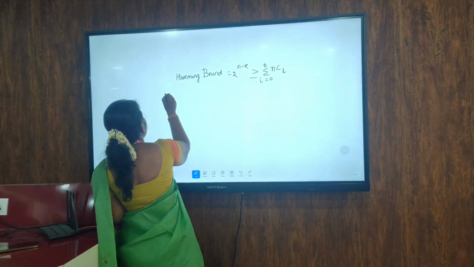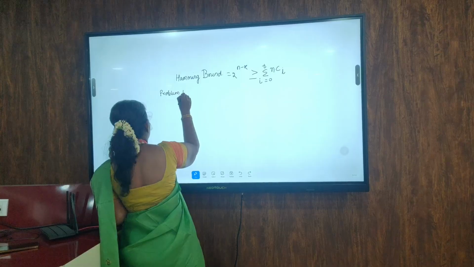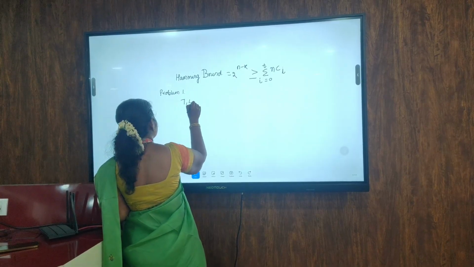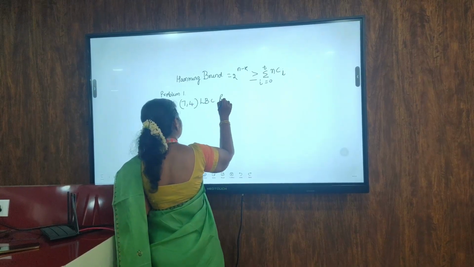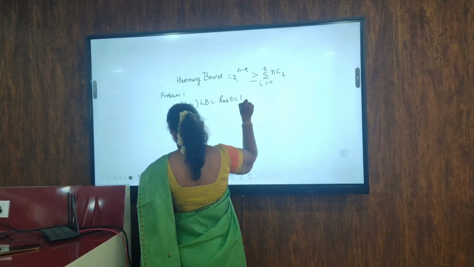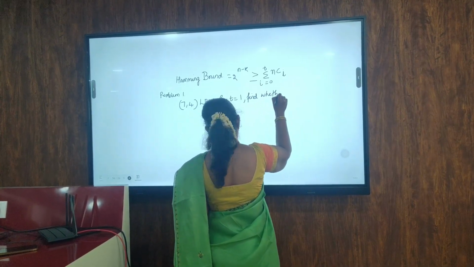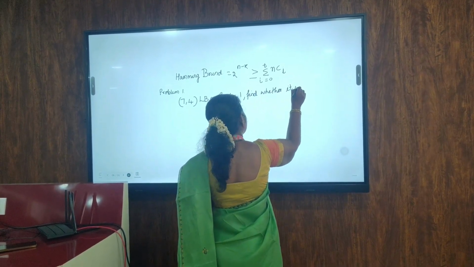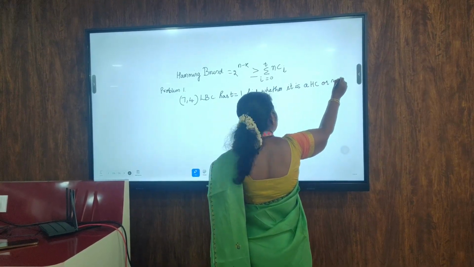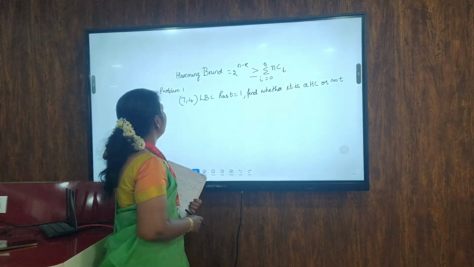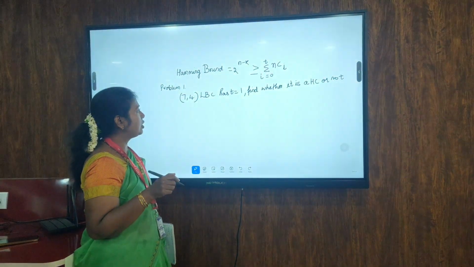Okay, a (7,4) linear block code has t equal to 1.